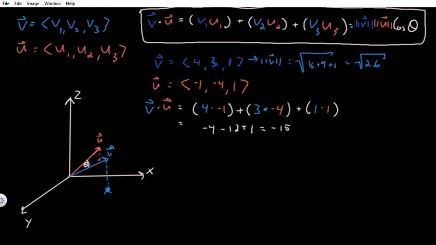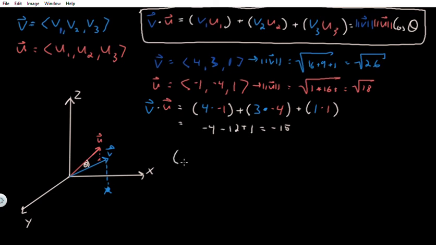The magnitude of vector u is given by the square root of -1 squared is 1, plus 16, plus 1, which gives you the square root of 18. You don't have to break down the radical if you don't want to. But now we have enough information to solve for cosine theta.